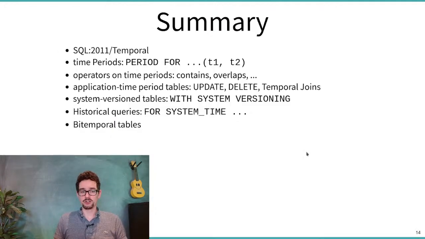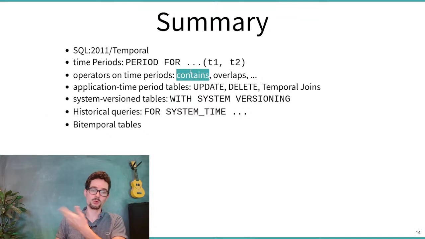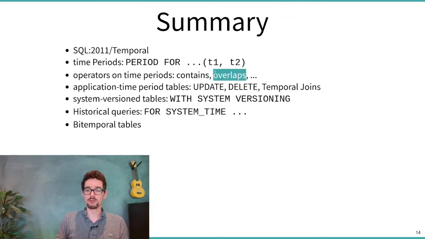Okay, a short summary of today. We took a look at the SQL 2011 temporal standards. It introduced time periods. You can define a period, give it a name, and use two timestamp or date columns. Then you have operations on these periods. You can check whether a time period contains a point in time or another period, whether two periods overlap or not.